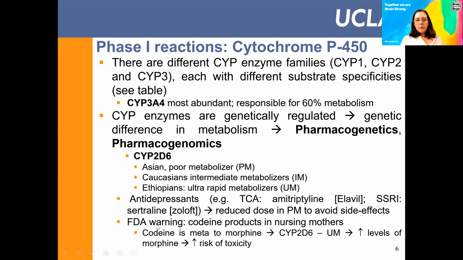And then also the FDA issued a warning several years ago about the codeine product used in nursing mothers. So mothers that are breastfeeding their baby and are taking codeine, it can be a risk for their babies. So if you have, for example, an ultra metabolizer in that case.